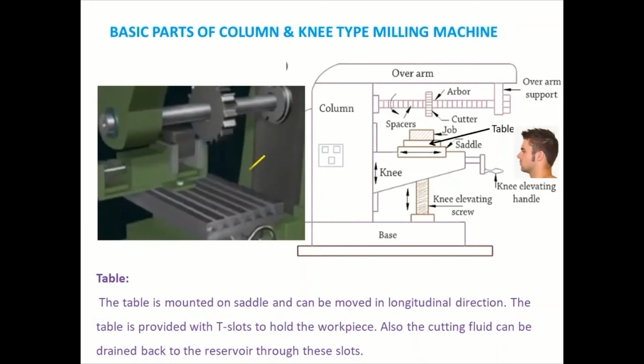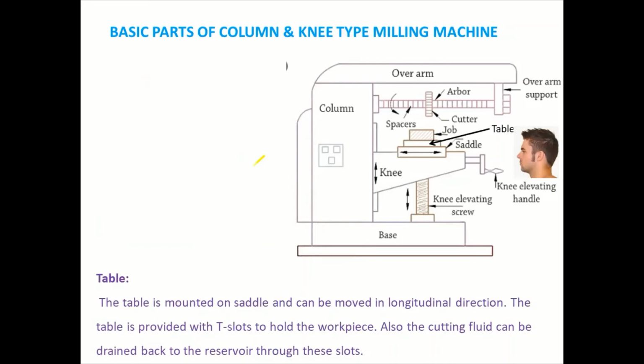And there is one more application of the T slot. Whatever fluids we are using during the cutting process will drain out through that T slot and move toward the reservoir. The reservoir is at the base of this. There is a tank, and continuously that fluid is used again after filtration.